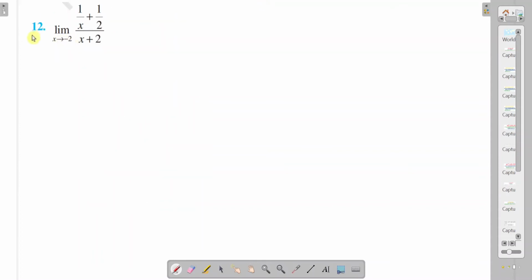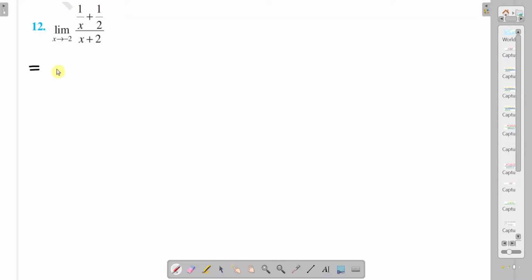Now let us look at problem number 12. In problem number 12, what you have is a numerator and a denominator, and the denominator is a polynomial. Okay, numerator is not a polynomial. Still, what you do here?